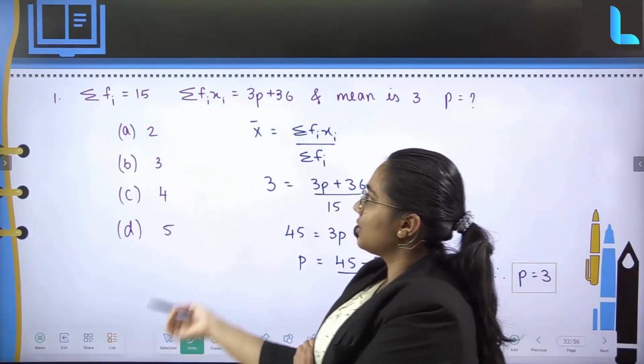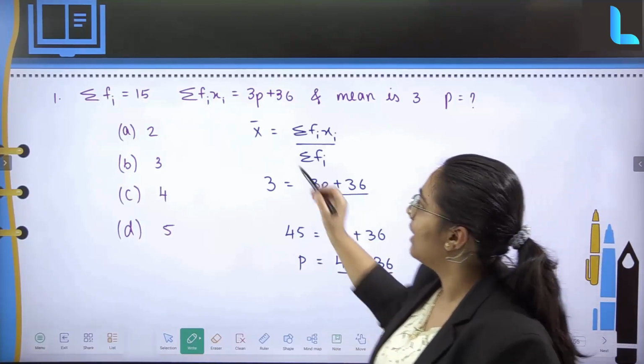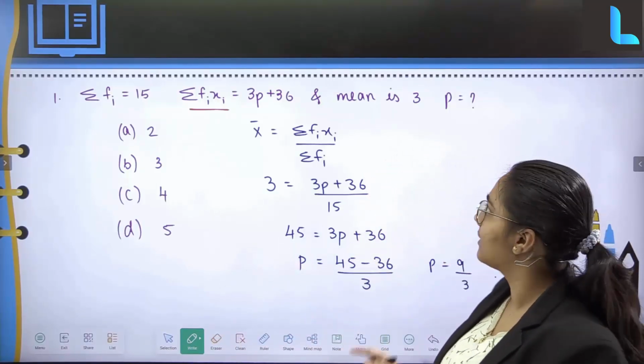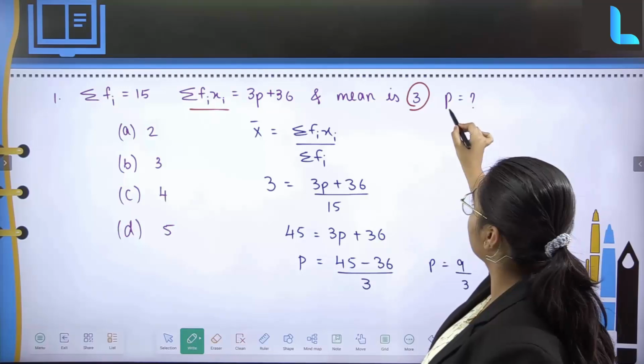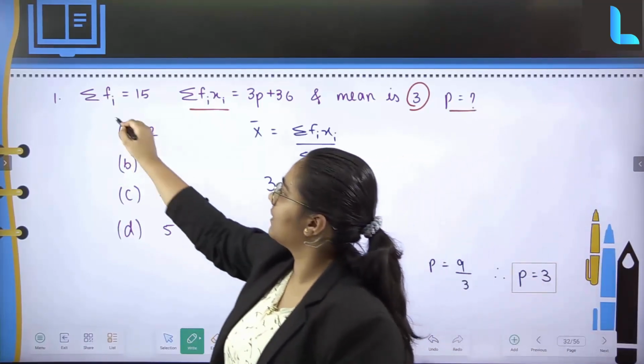The first question: summation of f, that is frequency, is given as 15, the summation of f_i x_i is equal to 3p plus 36, and the mean is given as 3. You have to find the value of p. This is an MCQ question.